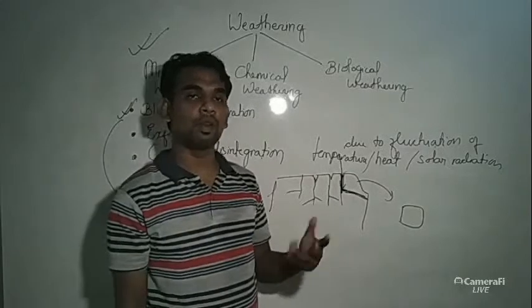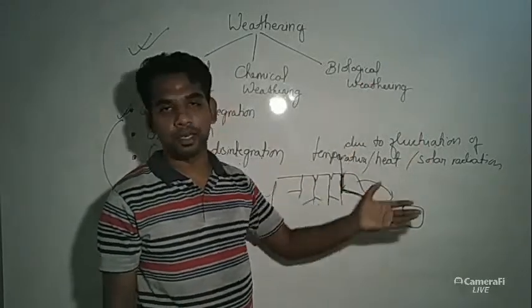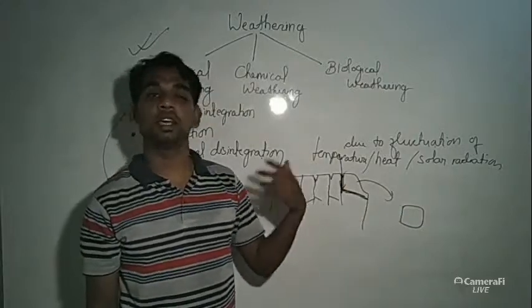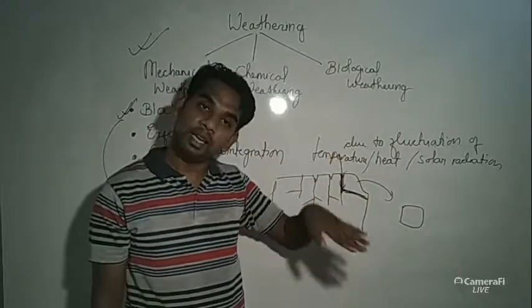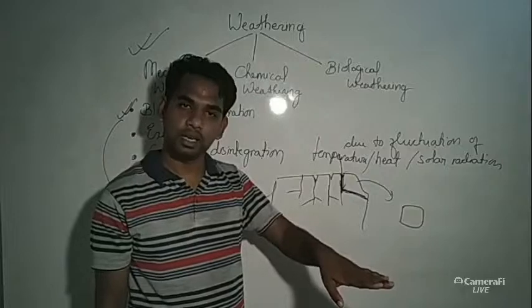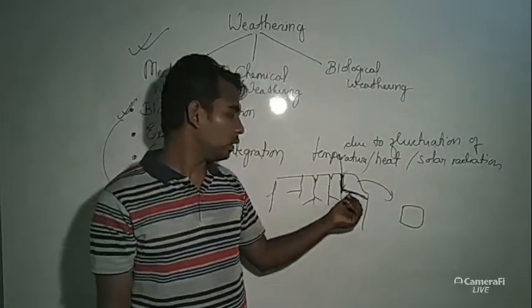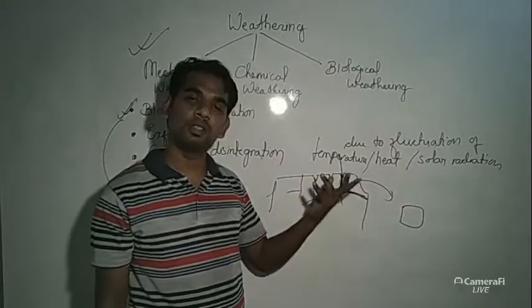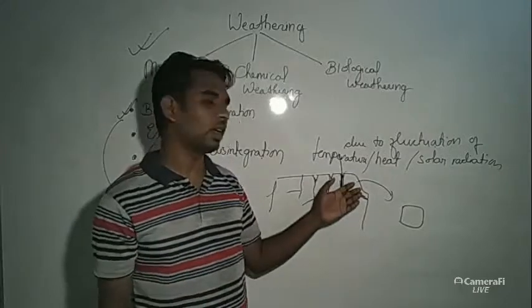Later, when the temperature rises, fluctuation meaning up and down, the ice that formed inside the rock becomes liquid again. When it becomes liquid, it becomes easier for the liquid to get further inside. Yes or no? It becomes easier for it to go in. Again, when it goes in and freezes, it starts creating cracks inside the rock.